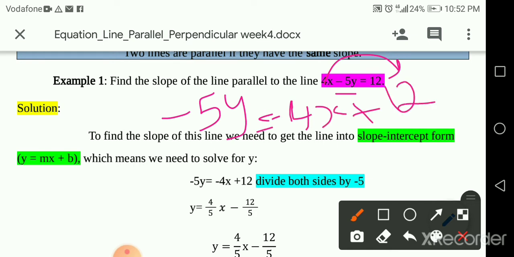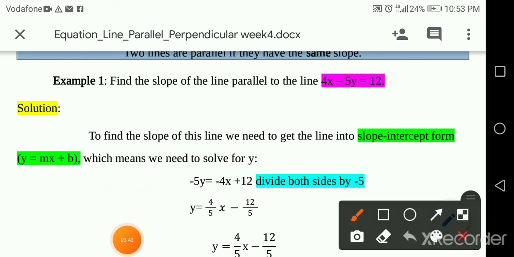After this, I want to get rid of what here? The negative 5. Between 5 and y we have multiplication, and the inverse or opposite of multiply is divide. So I divide both sides by negative 5.